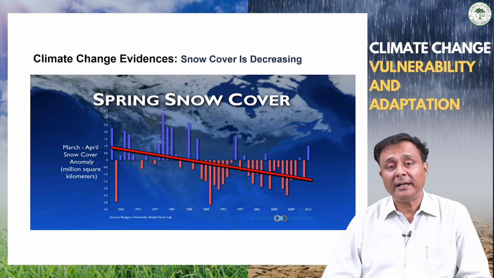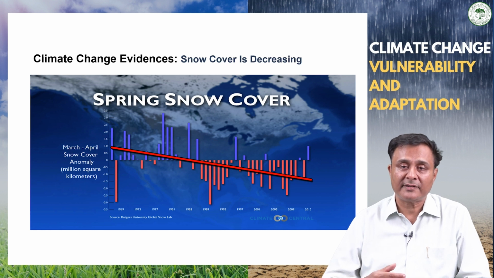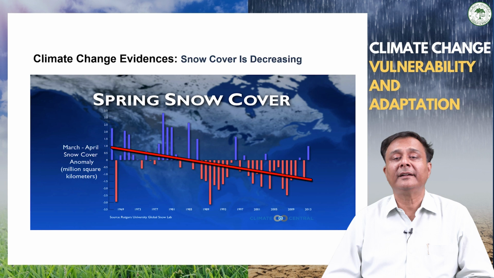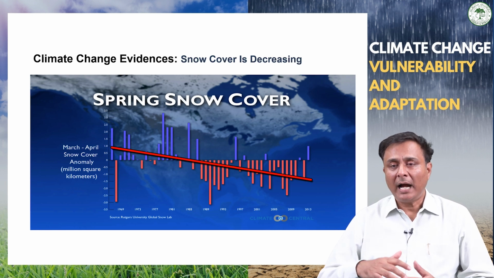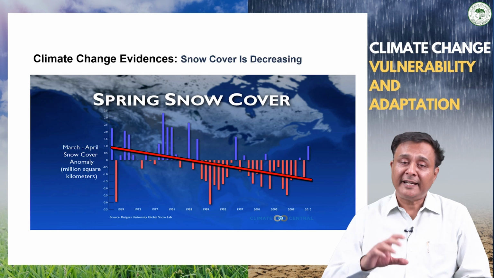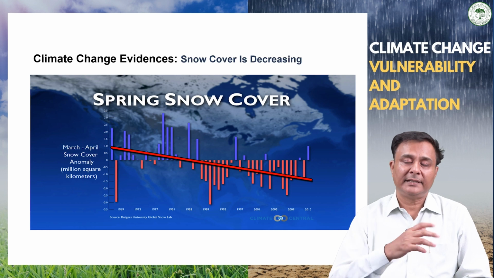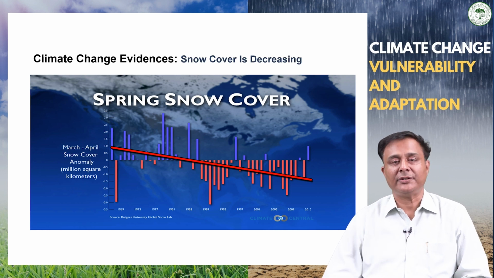Snow cover plays a key role in Earth's surface because of its relationship with the terrestrial climate system. As I have said, all of them are interlinked with each other. It is a hydrological variable very sensitive to climate change. The loss of snow cover in the northern hemisphere at higher latitude.